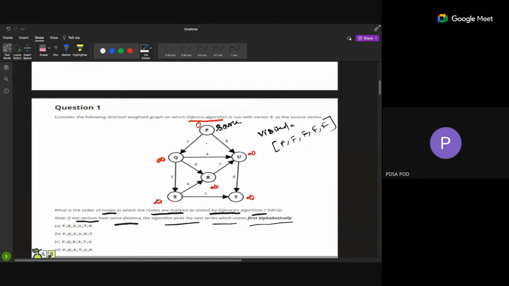Okay, fine. So now from P, we try to traverse towards the Q side or the U side. The shortest distance is 5, so the infinite will go and 5 will be updated.